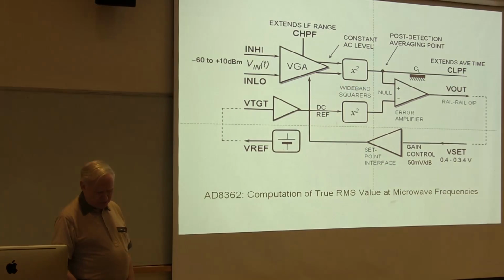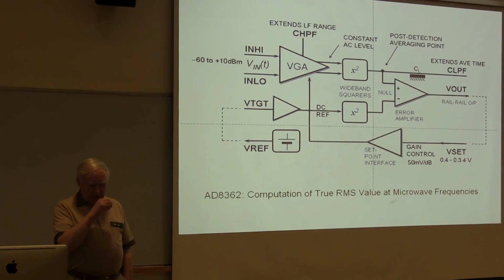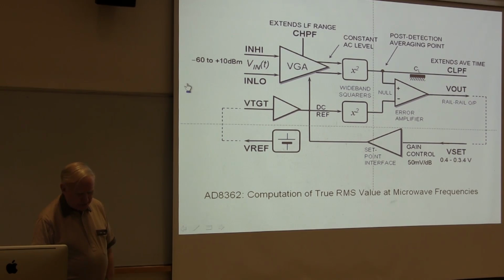This is another way of doing true RMS. We have a VGA here, which I call X amp, that means exponential amplifier, exponential gain in relationship to this voltage. And this serves to take an input signal and change the amplitude down to the point where the input to this squaring cell is identical to the DC reference applied to another squaring cell.